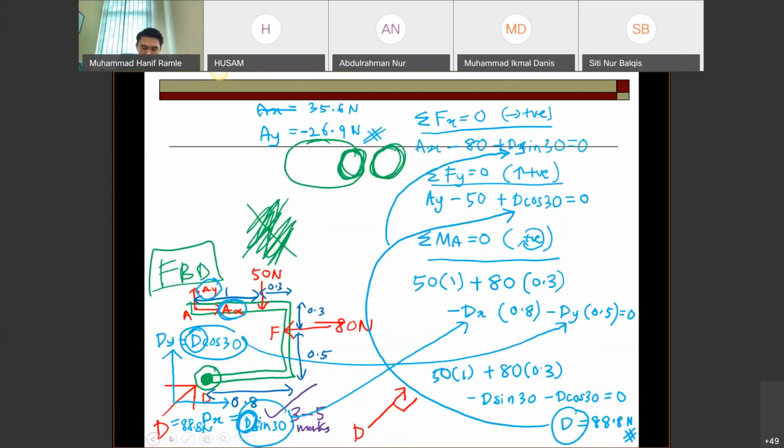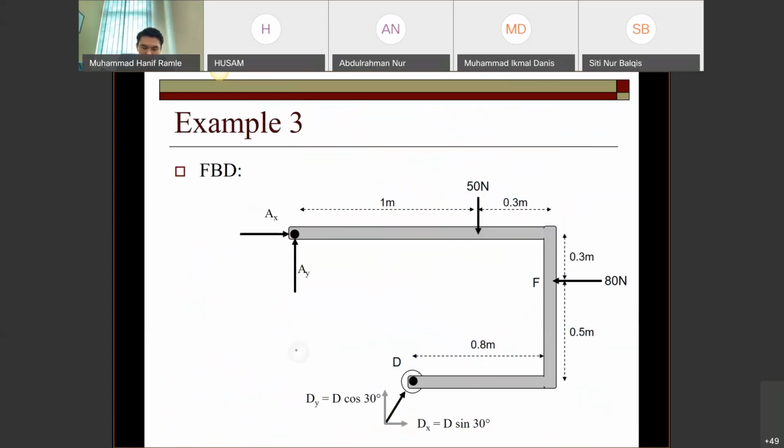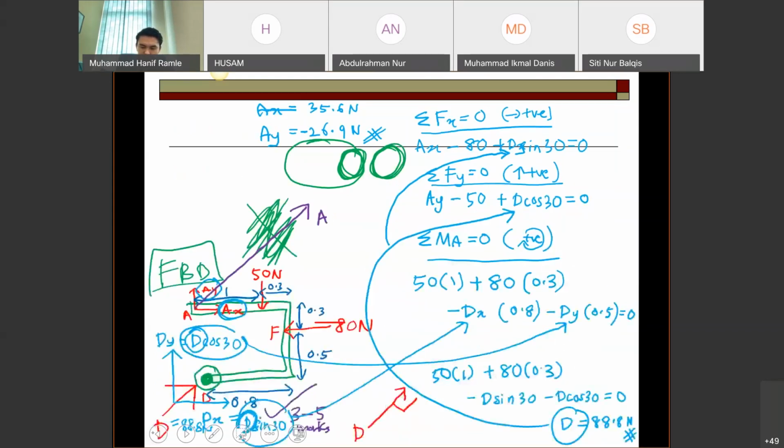Actually, you can simplify the reaction at A. Since you have two components, you can make it one single force, which is the resultant here. You can get A straightforward using the Pythagoras theorem.